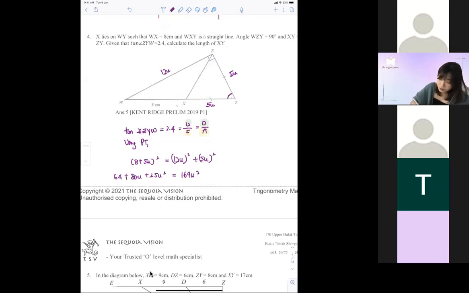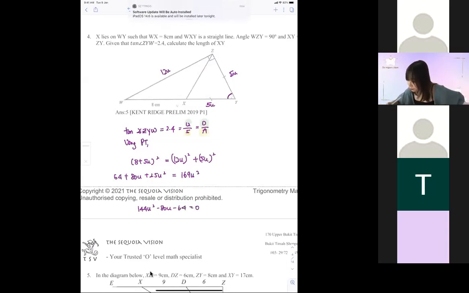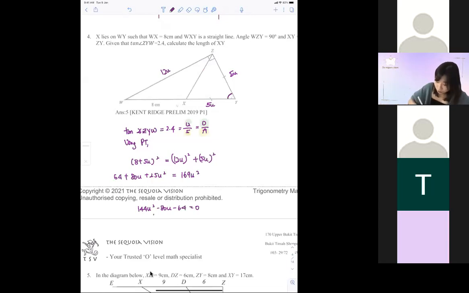So bring everything to one side equals to 0. You can use your mode 3. Okay, you will get u equals to 1 or u equals to minus 4 over 9.